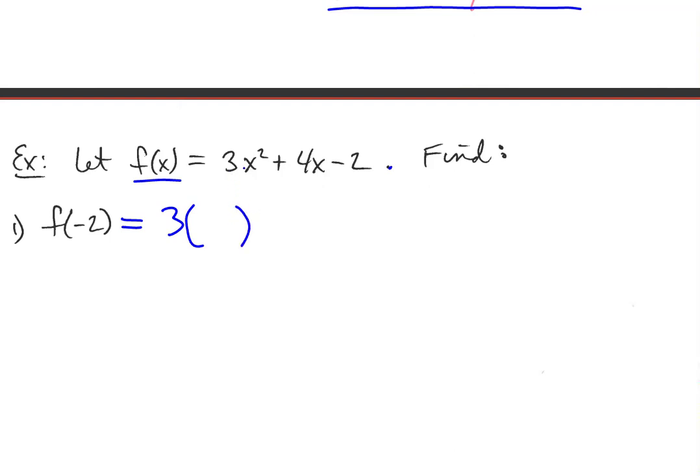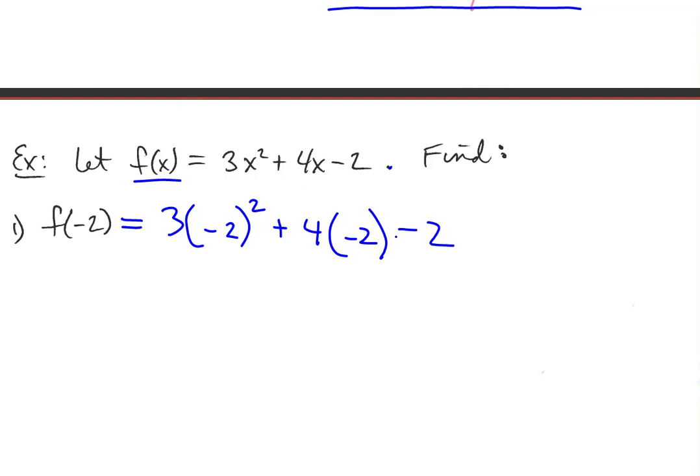So instead of 3x squared, as our function begins, I'm going to write it as 3 blank squared, where we have blank parentheses with the squared after them, and then plus, instead of 4x, we'll have 4 blank, and then minus 2 to finish. If we want f of negative 2, we simply want to plug negative 2 into now all the blanks that we've written out in our function.